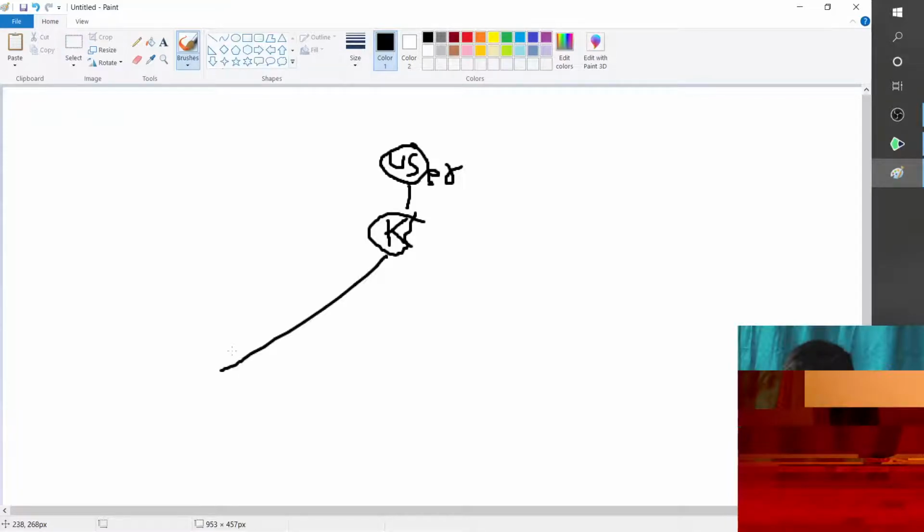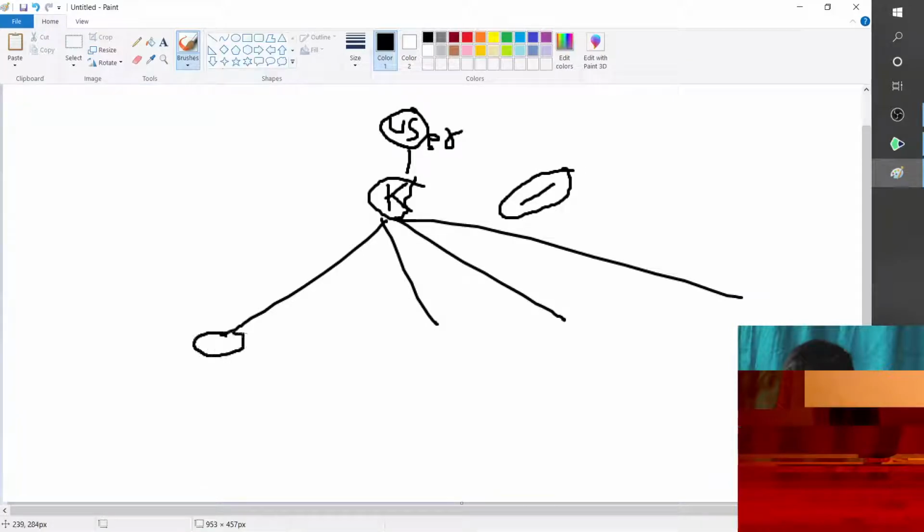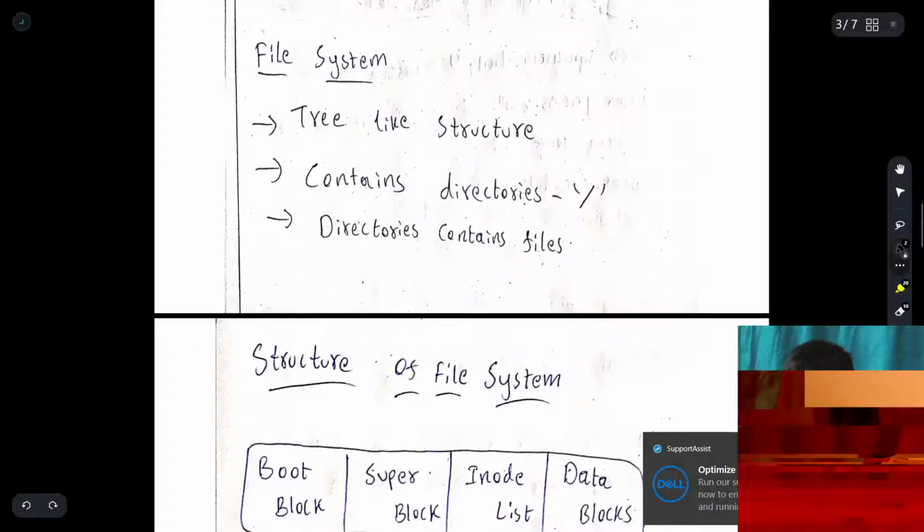The kernel will have different types of directories, which are represented with the help of the slash symbol. With the help of these directories, it accesses the files required for completing a particular process. So the kernel accesses the files in these directories and uses them for the completion of the application.